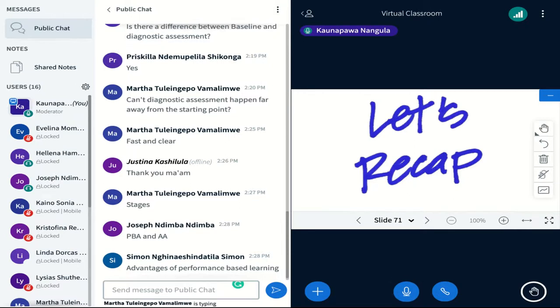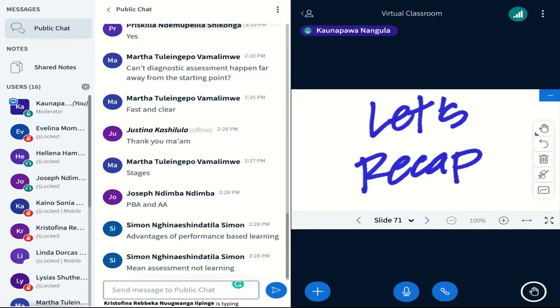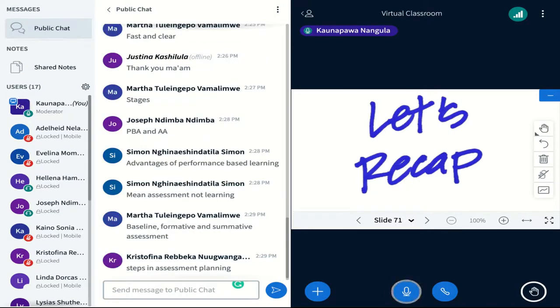All right, since we just have 2 minutes, I'll go quickly. But again, keep writing. Yeah, means of assessment, not learning. Okay. So we've looked at the definition and description of traditional assessment, performance-based assessment, alternative assessment. We have compared and contrasted the 3 types of assessment, and then we have looked at their attributes.